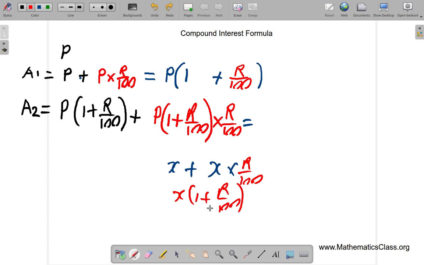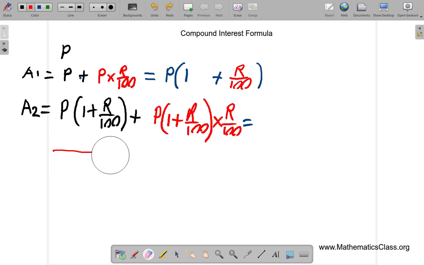That's what you would have if it was x. Now we're saying that what we see here as x is similar to the P times 1 plus R over 100. So we're going to put all of that P times 1 plus R over 100 outside a bracket, just like how we put x outside a bracket here. So let's do that.